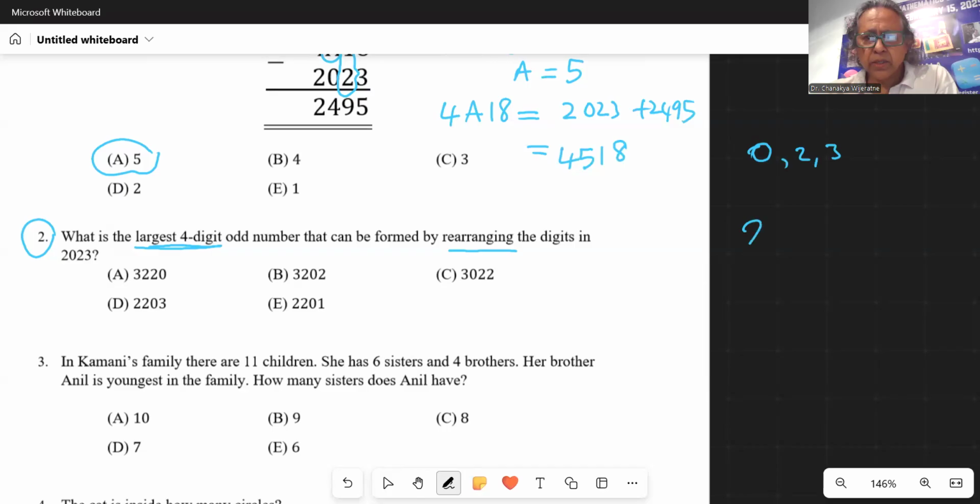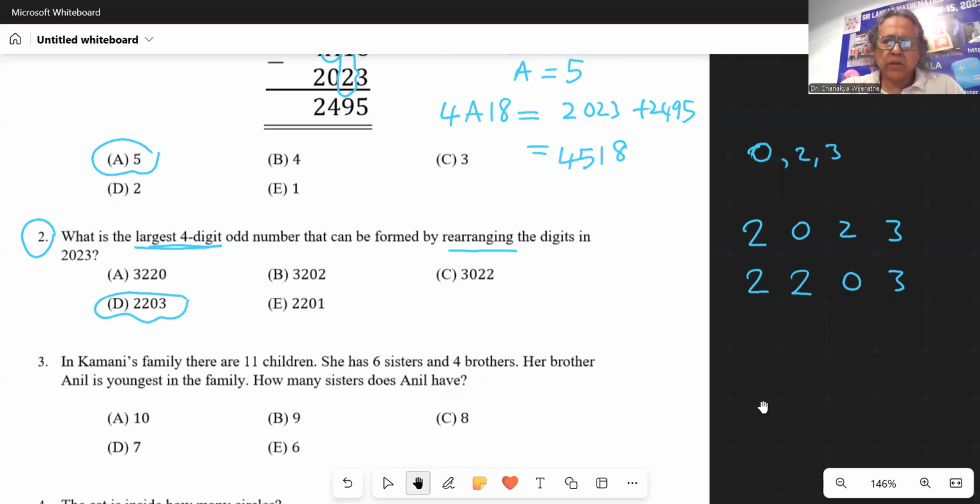So then in 2023, we only shuffle 202, and you can see that the largest one you can get is 2,203. So that's the largest one, right? Yeah, that answer is here.